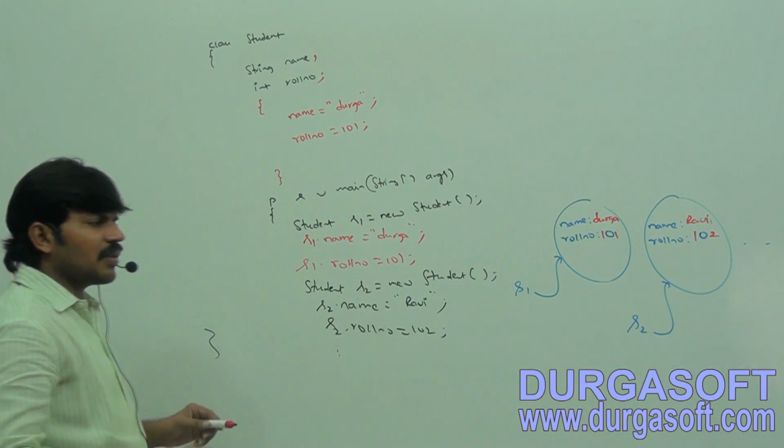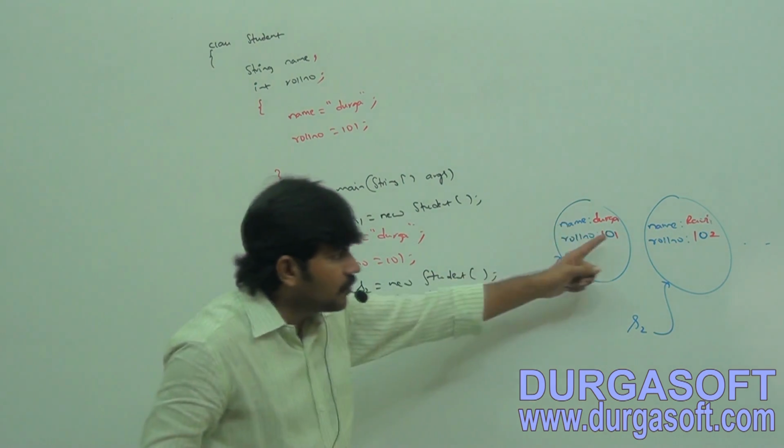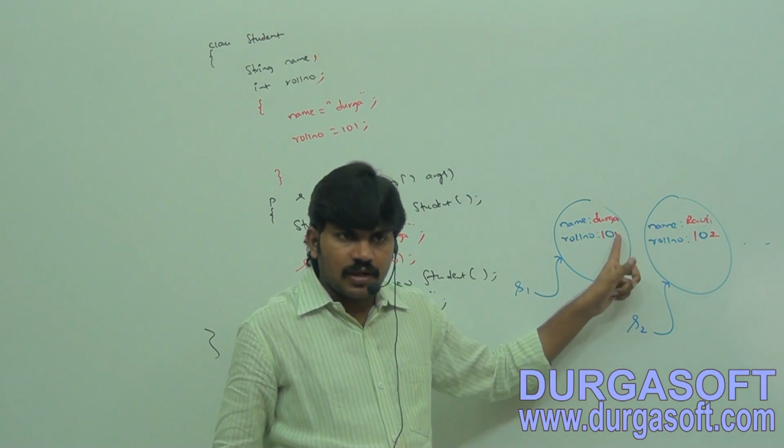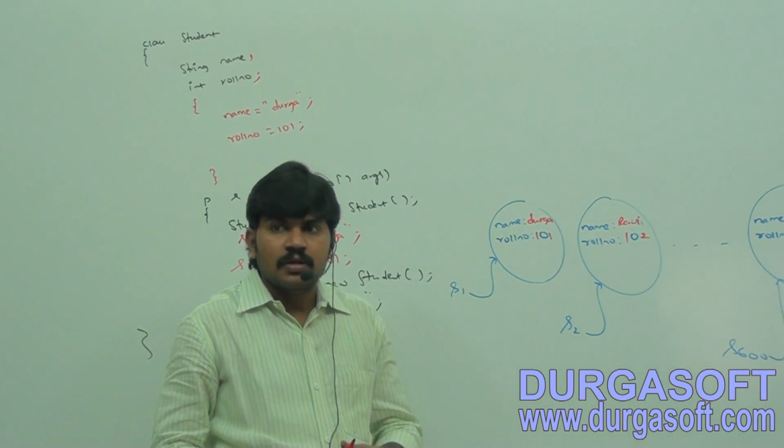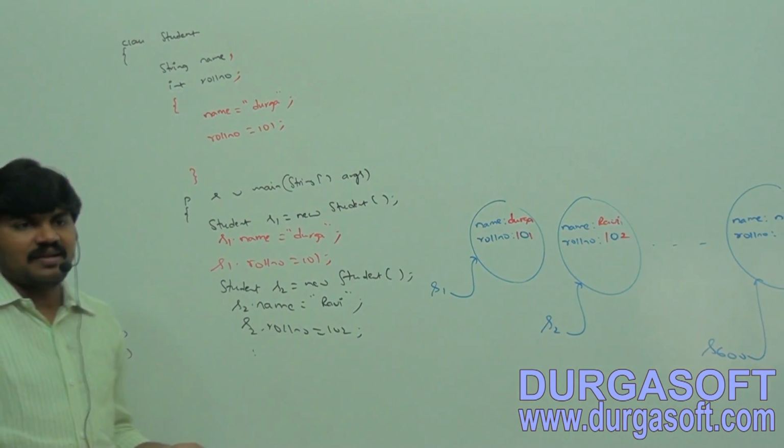Sir, can you tell, am I able to maintain different values for every object or not? Yes, we are able to maintain different values for every object, but is this approach recommended or not recommended? Not recommended.